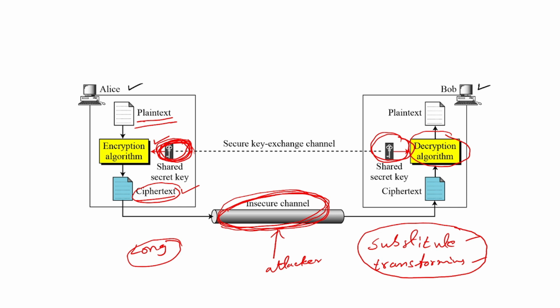Generally, asymmetric cryptography is used for only short messages, and the key is a short message compared to plain text. So to share the key between sender and receiver, you can use asymmetric cryptography. So this is about symmetric key and asymmetric cryptography.